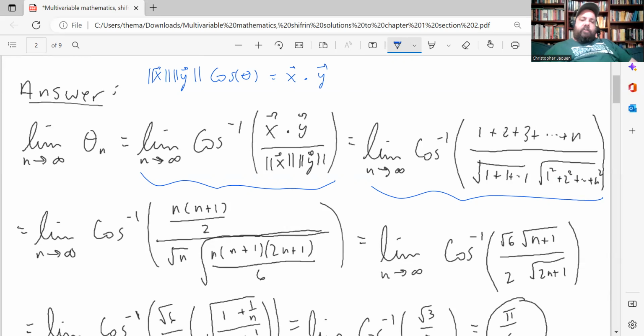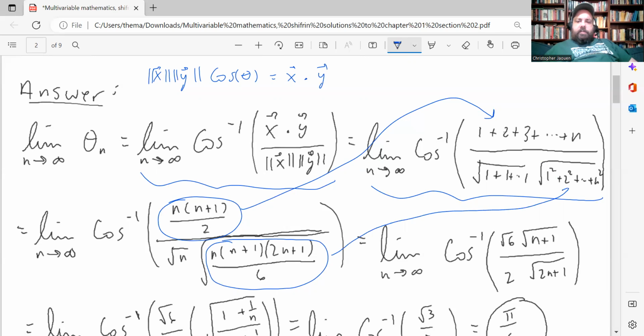Using the formulas for those things, I'm just replacing those sums with those formulas: the sum of the first n integers, under the radical the sum of the first n squares of natural numbers, and 1 added to itself n times is equal to n. Then you just simplify everything.